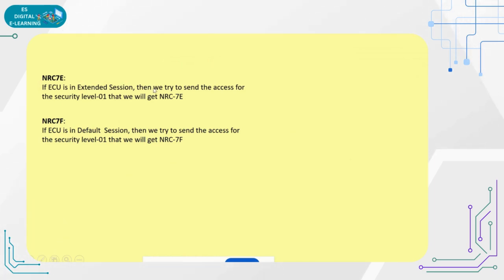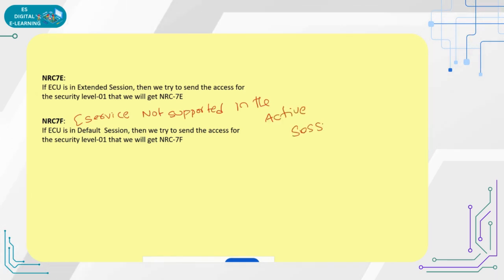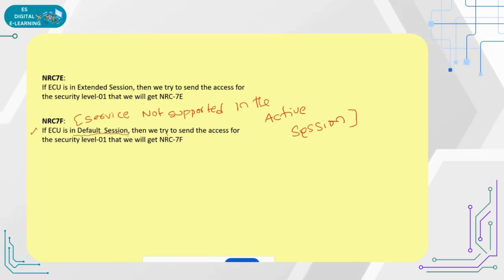Next, what is this 7F? Service not supported in the active session. If the ECU is in the default session and we try to send the access for the security level, then we'll get a 7F.